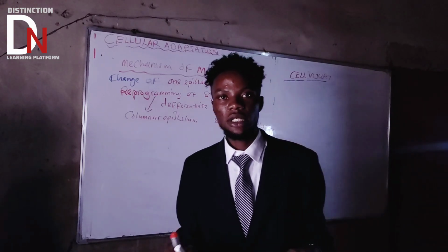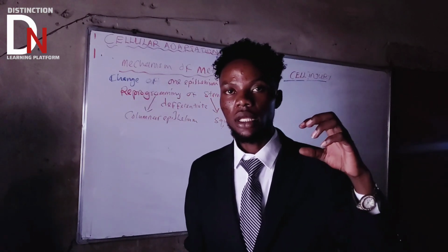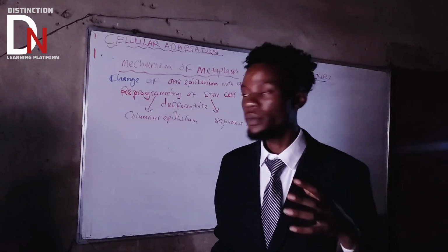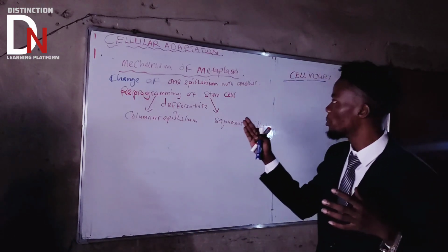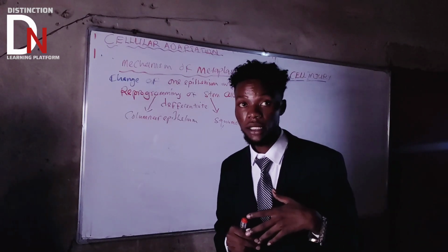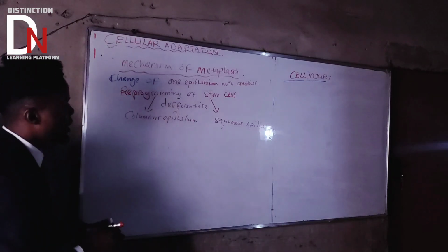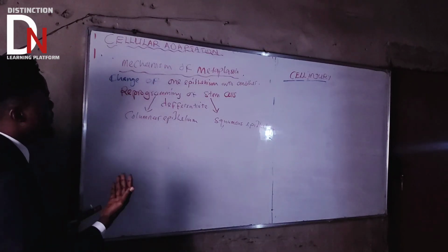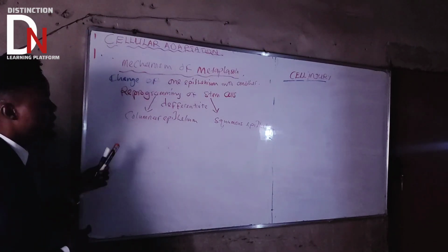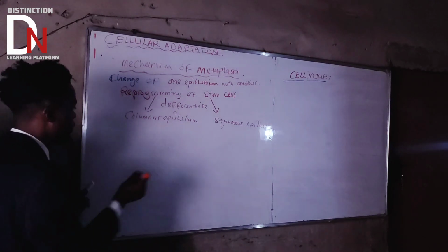Basically, for all cellular adaptation, the moment you remove the stimuli, the adaptation will also stop. But remember that metaplasia and hyperplasia predispose someone to cancer. So this is basically the mechanism of metaplasia. This is it.